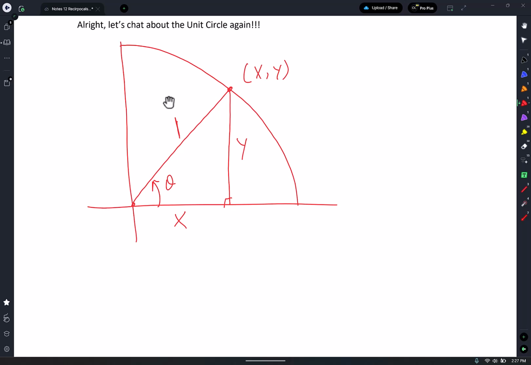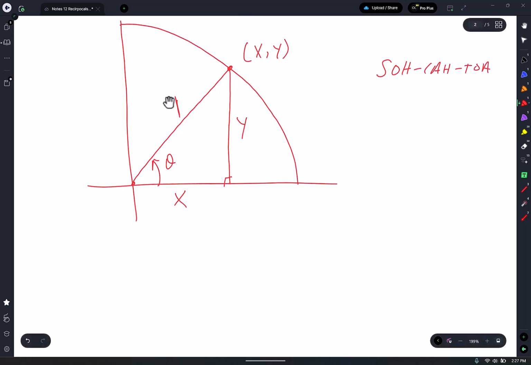Okay. Again, I'm going to write SOHCAHTOA. And let's see, what am I going to do first? I guess I'll write this first. All right, so sine of this angle, just like before, sine is opposite over hypotenuse, so sine theta is y.